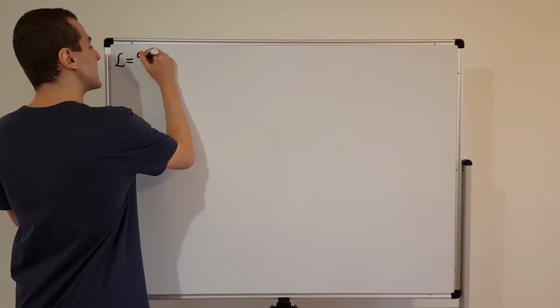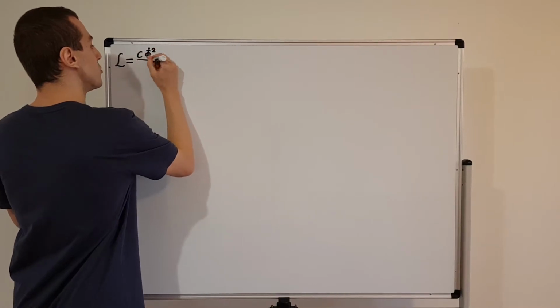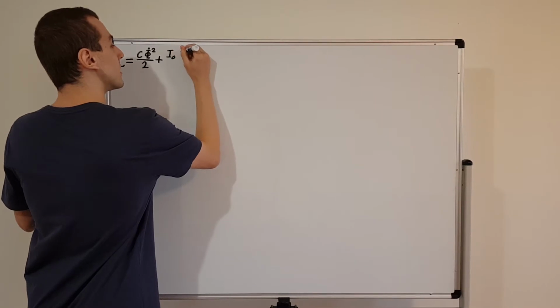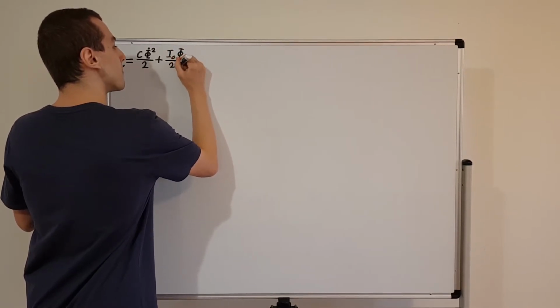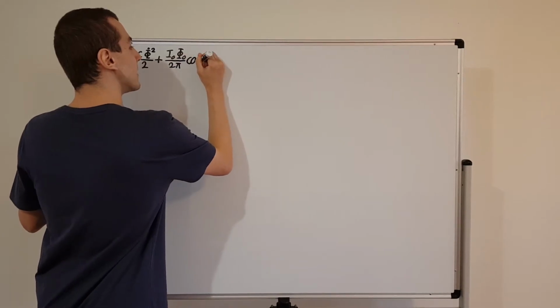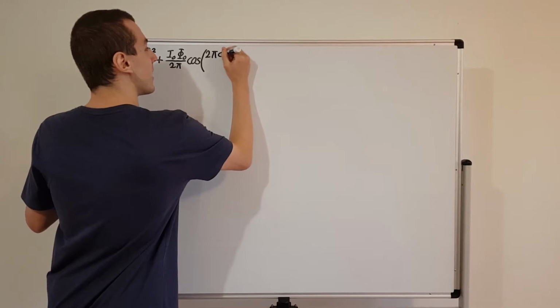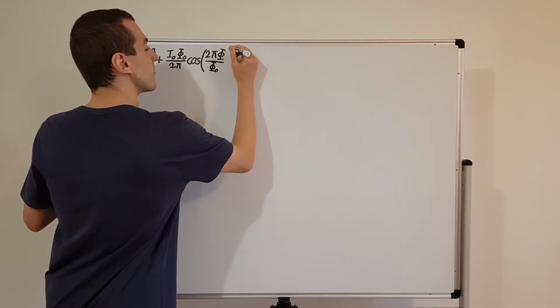So we have C capital phi dot squared on 2 plus I naught capital phi naught on 2 pi times cosine of 2 pi phi over phi naught.